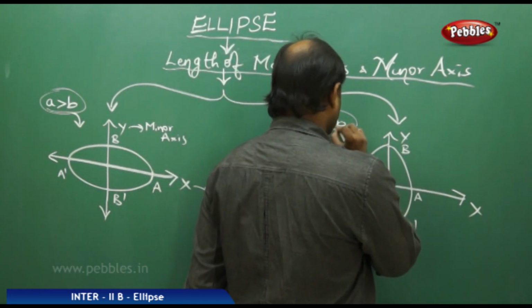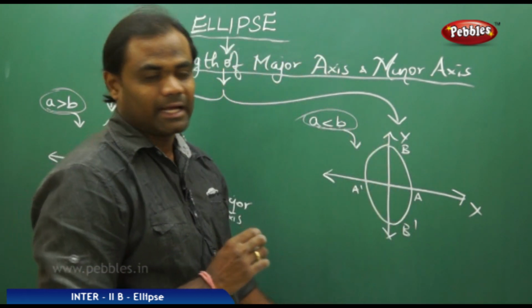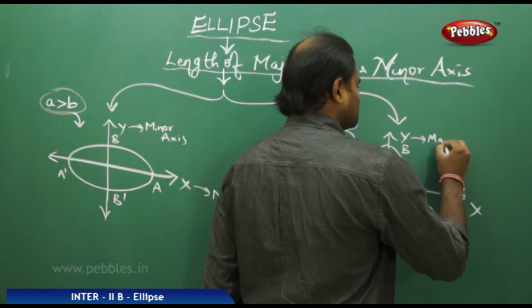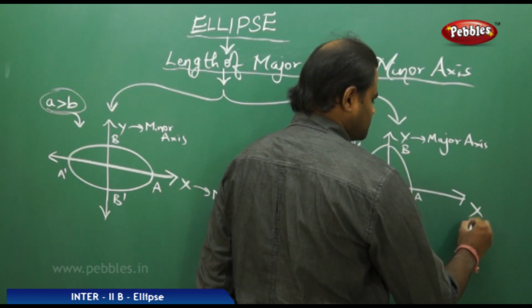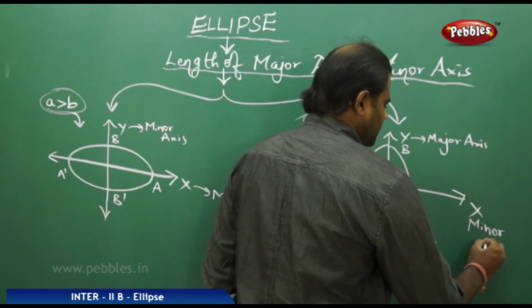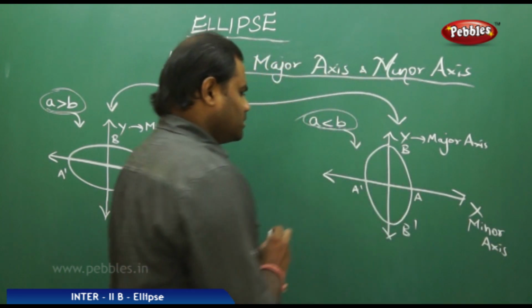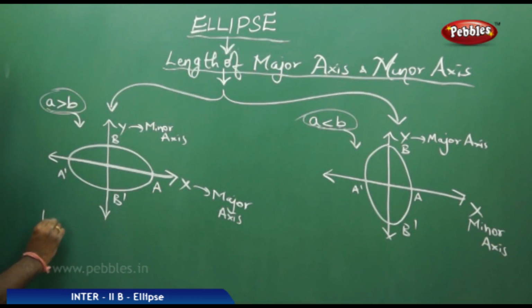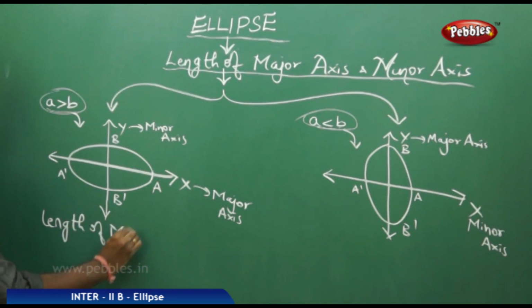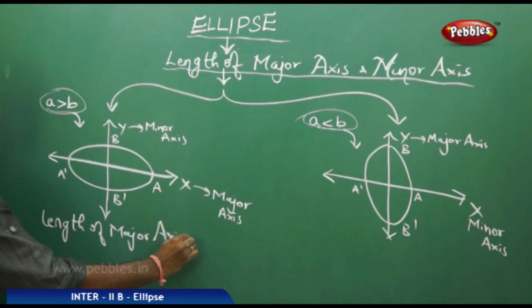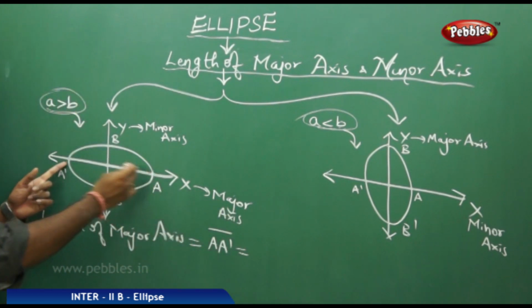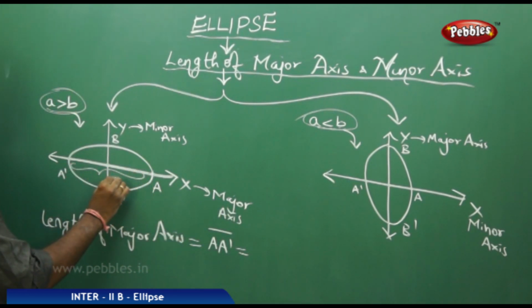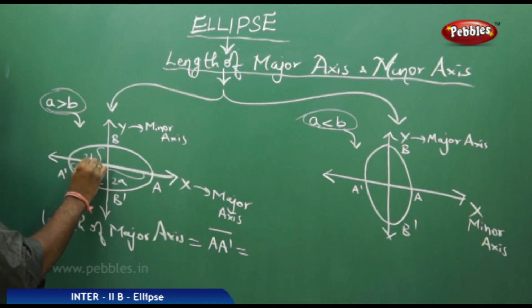Therefore, in case of a less than b, the y-axis acts as the major axis and this acts as the minor axis. So in this case of major axis, we have the length of major axis, which is given by the length of a dash, that is nothing but 2a, and this is 2b.